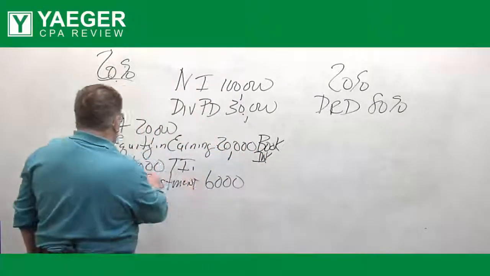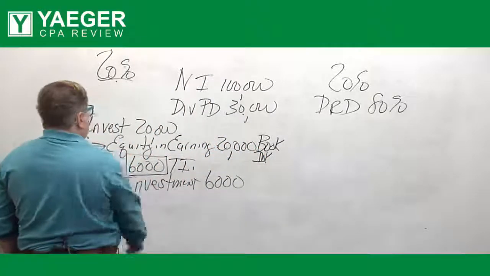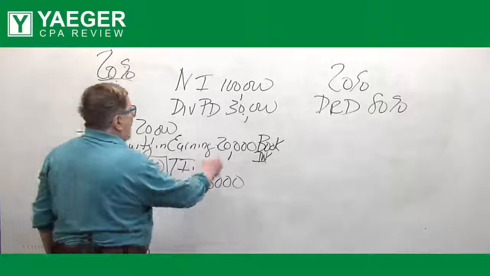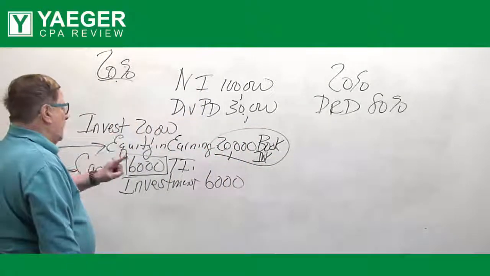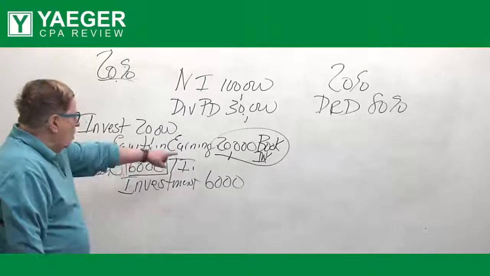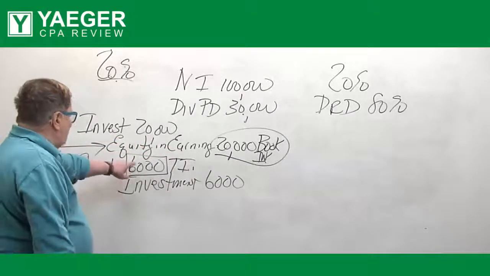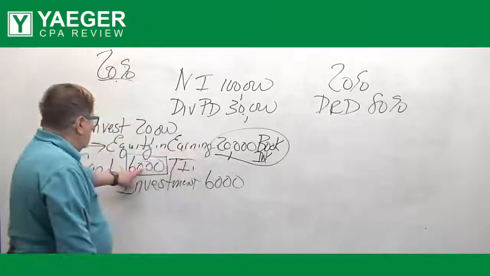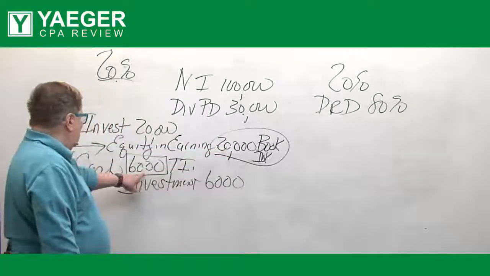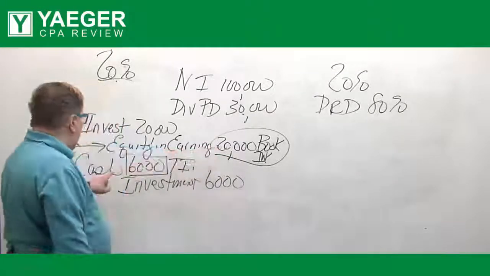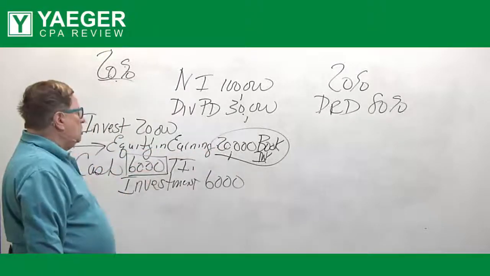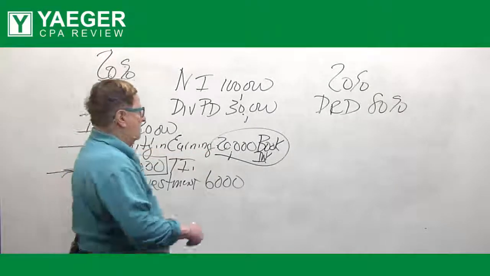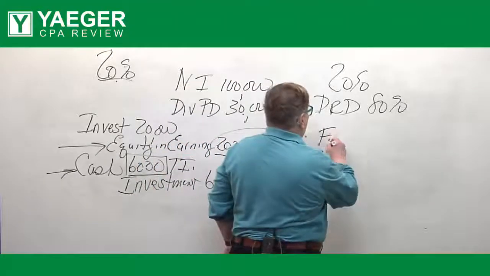Now this is what's going to happen. This $6,000 is the amount of dividends received, and that's from the earnings of 20. So therefore, please remember this. You are anticipating that you're going to receive future earnings of $14,000. All the remaining earnings will be paid out to the investors. They paid 6 of the 20, so the future earnings are $14,000. These are future earnings.